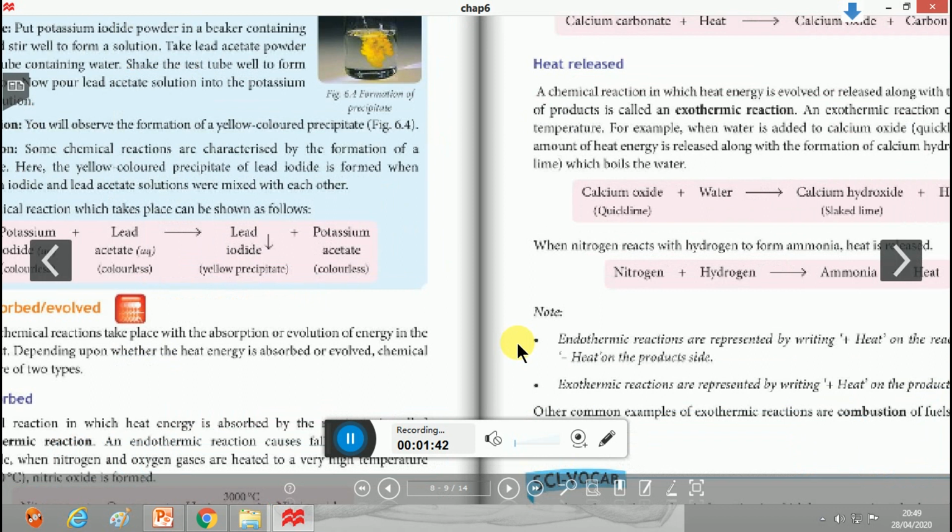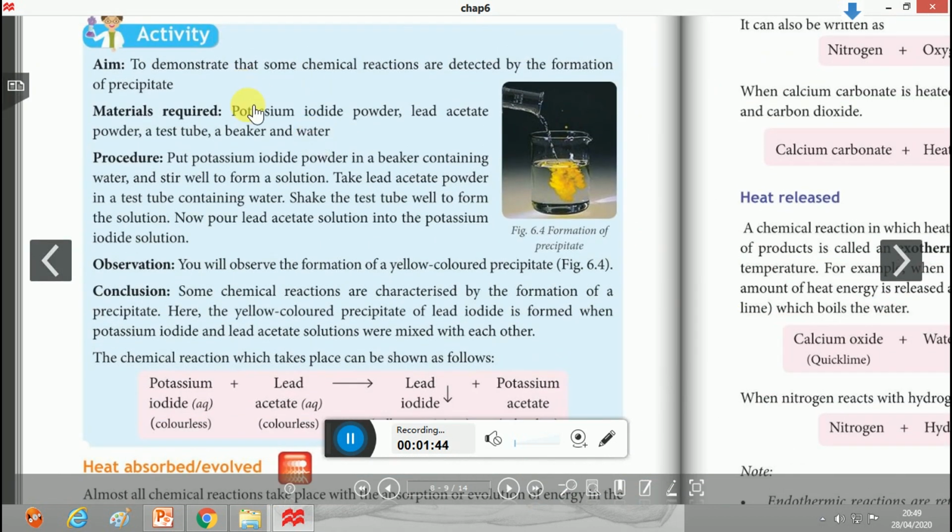On your next page, there is an activity to demonstrate that some chemical reactions are detected by the formation of a precipitate. For this activity, potassium iodide powder, KI powder, that is white, lead acetate powder, also white in color, a test tube, a beaker, and water are required.